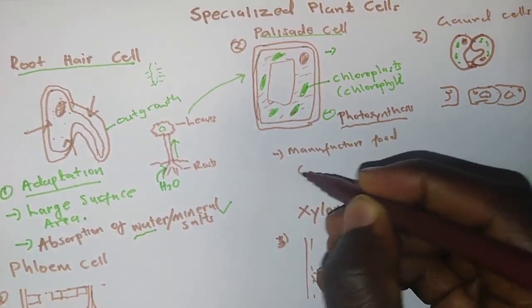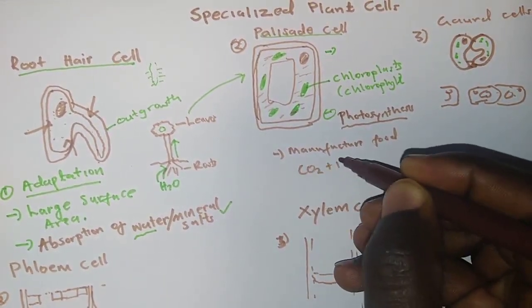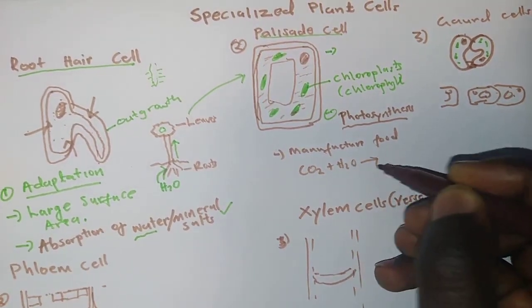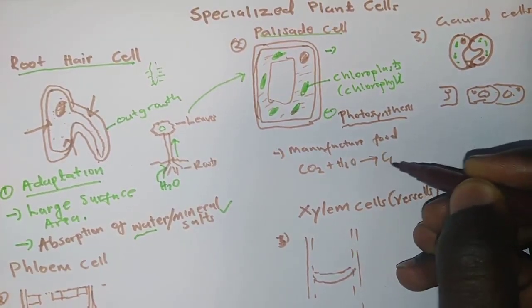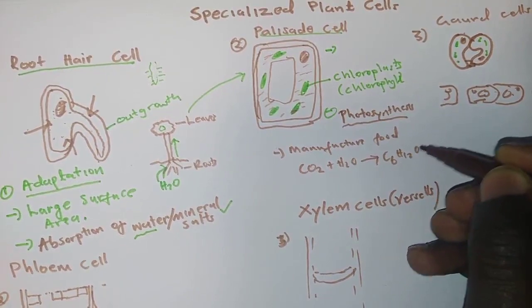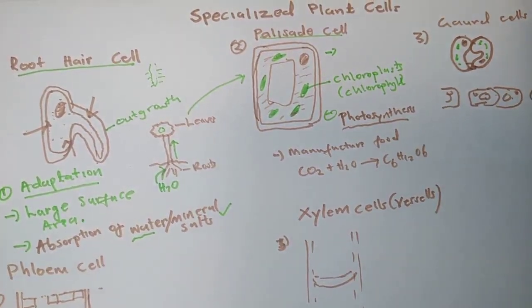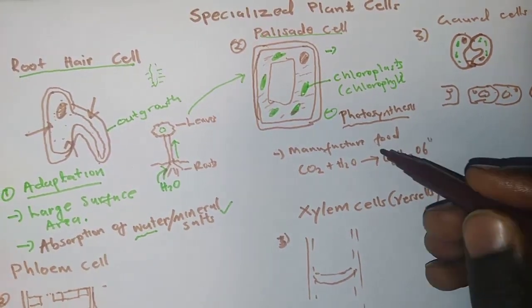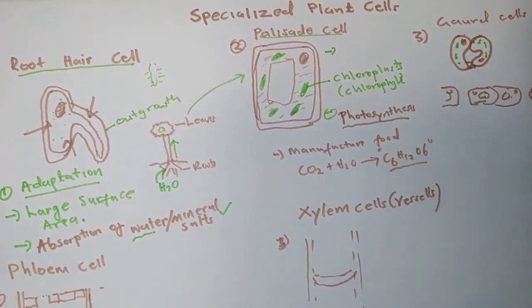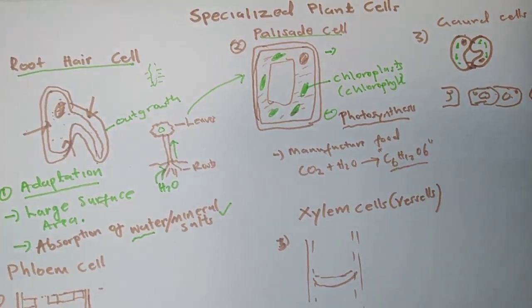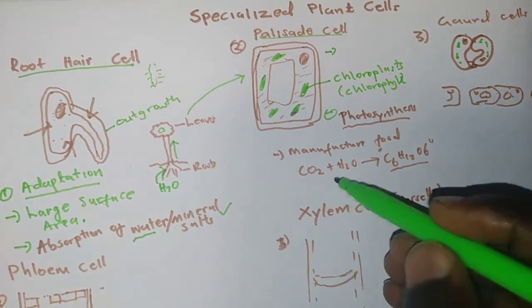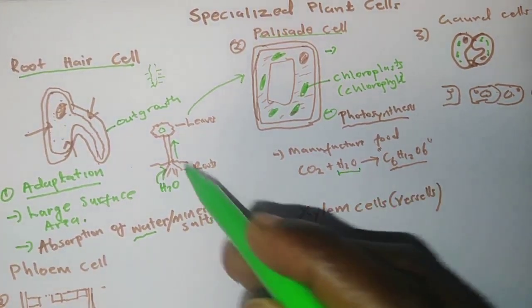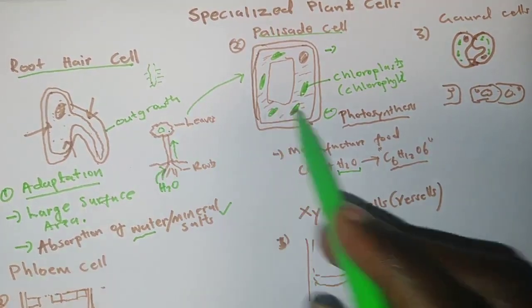So photosynthesis: carbon dioxide plus water gives us glucose, C6H12O6. So this is what happens. We've seen how important it is that plants have root hair cells, because they absorb the water which is taken to the leaves so that photosynthesis can take place.